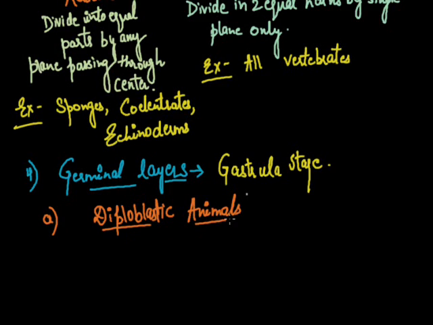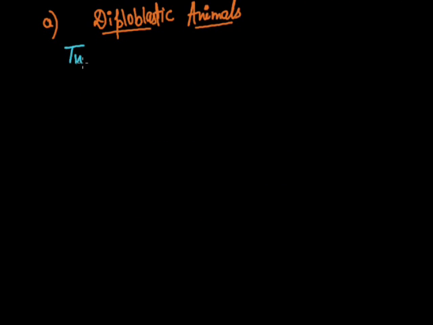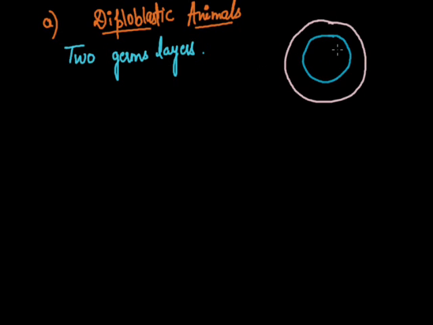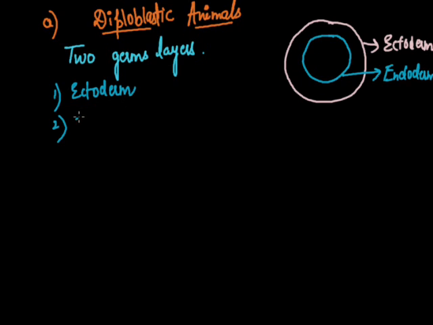As the name suggests, di means two, and blastic, the body. There are two germ layers. If we see the diagram, the outer layer is ectoderm and the inner one is endoderm. Two germ layers, ectoderm and endoderm.